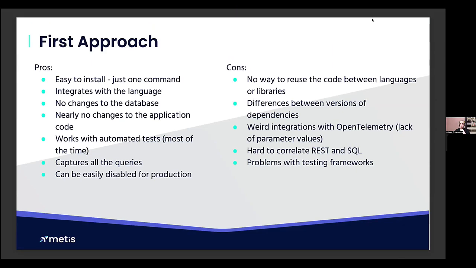Okay. So a couple of disadvantages of this solution. Obviously we have the Python-oriented approach. We have a solution that works, but it can't be reused between languages. It's something that you can't really move to JavaScript, Java, .NET, whatever else. You can't reuse this solution, and that is a problem, because we would like to keep the maintenance low and simple, and it's hard when you need to maintain multiple code bases. Another issue is, obviously, we need to support the tech stack you have. You have different versions of FastAPI, we need to support them. You migrate to a new version, we need to support it as well.